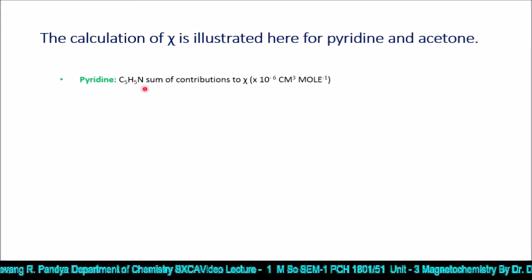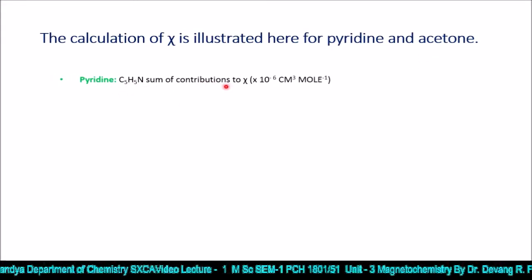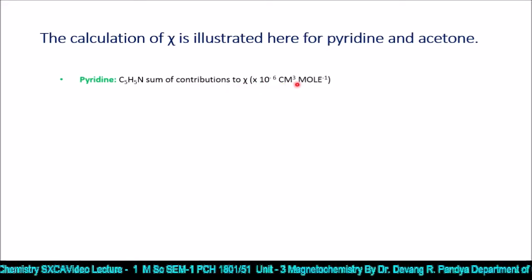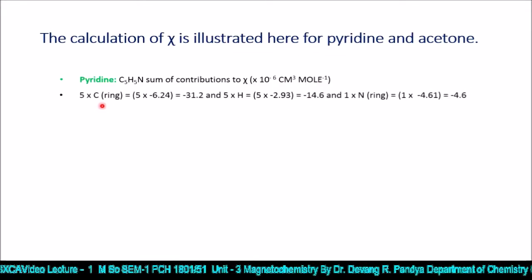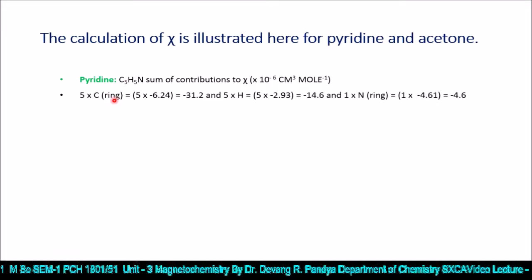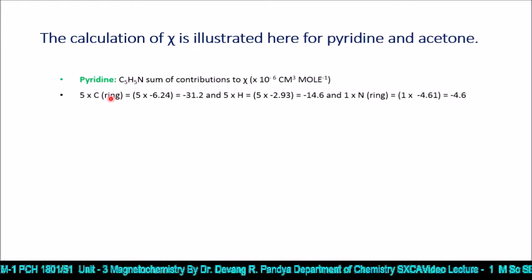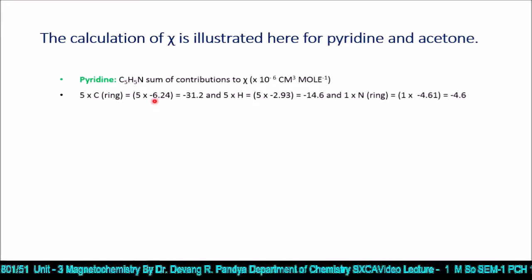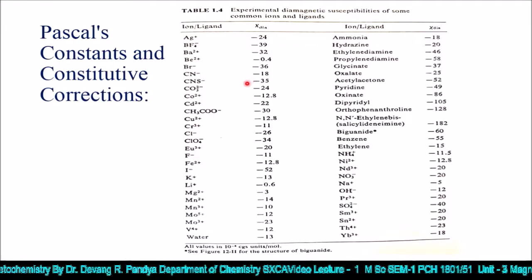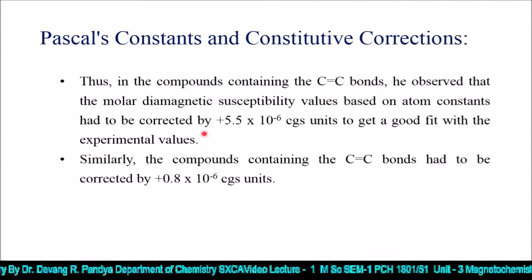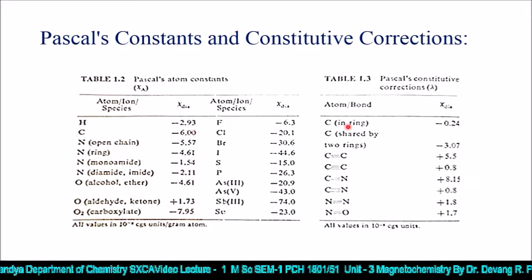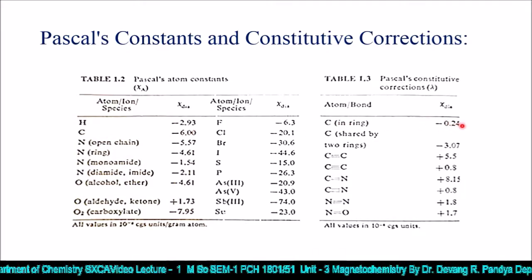Pyridine, C5H5N: sum of contributions of χ into 10 raised to minus 6 cm³ mol⁻¹, that you need to consider. 5 into C of the ring, and the ring value in the previous table we found is minus 6.24. Let's see in the table for carbon. Yes, carbon minus 6 and carbon in a ring minus 0.24.